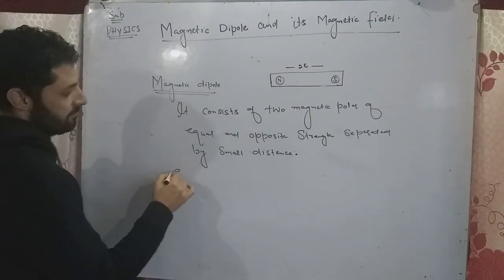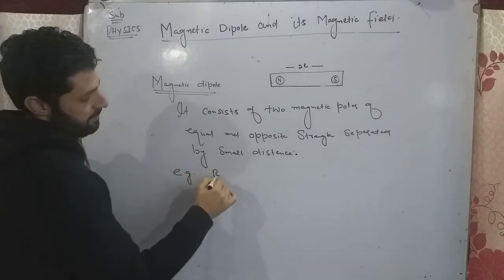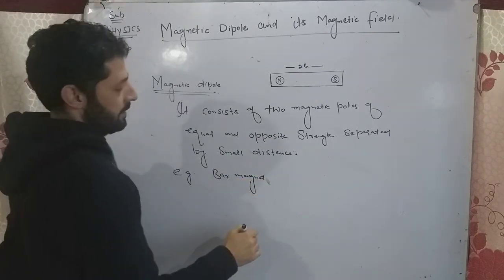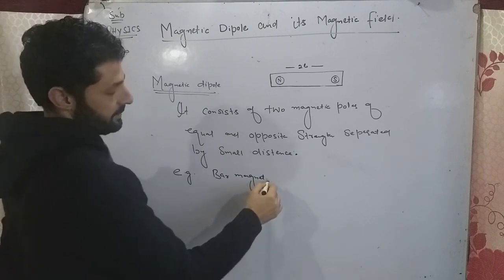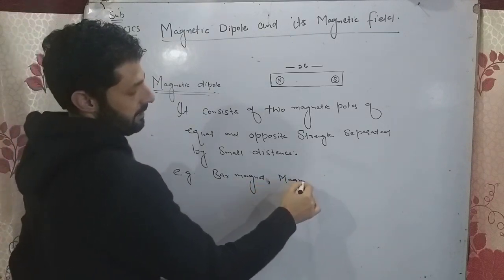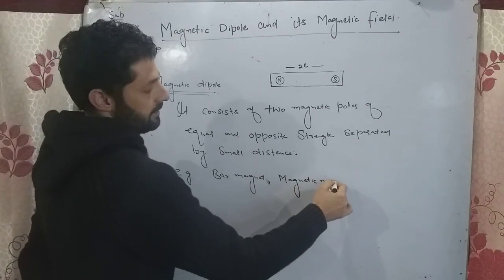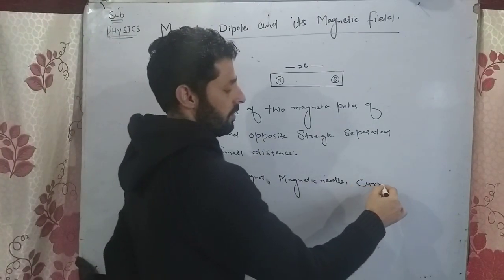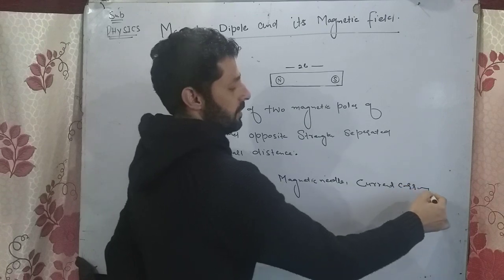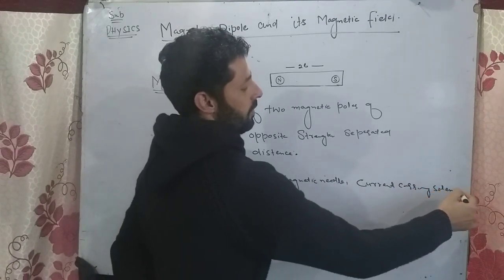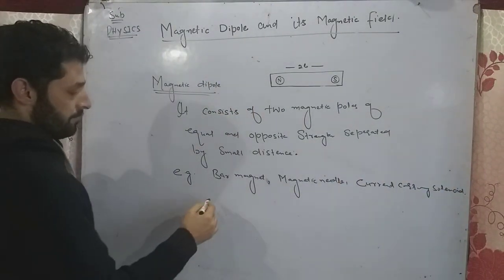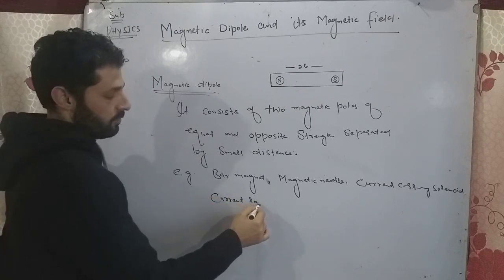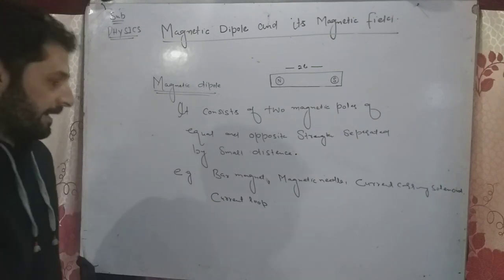For example, we have bar magnet, magnetic needle, or current carrying solenoid, or current loop, or an atom.